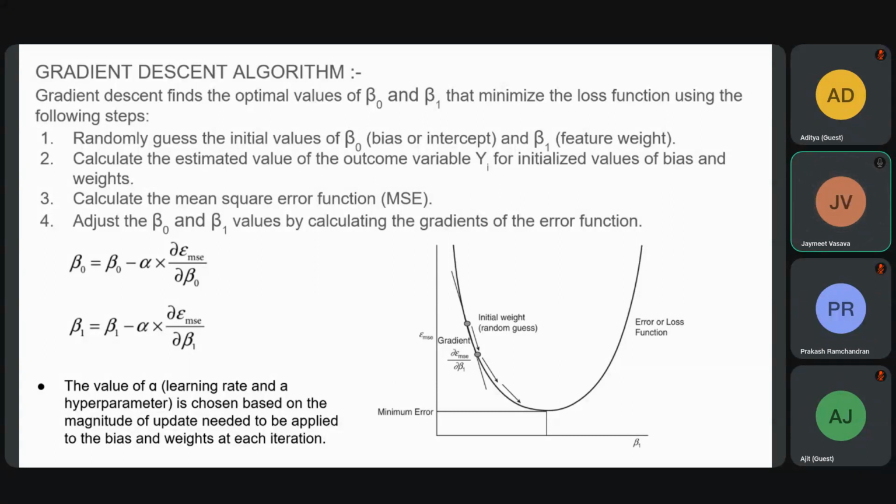So beta 0 hat equals beta 0 minus alpha, which is the learning rate, times the partial derivative of the error with respect to beta 0. Same for beta 1 hat equals beta 1 minus learning rate times the partial derivative of error with respect to beta 1.